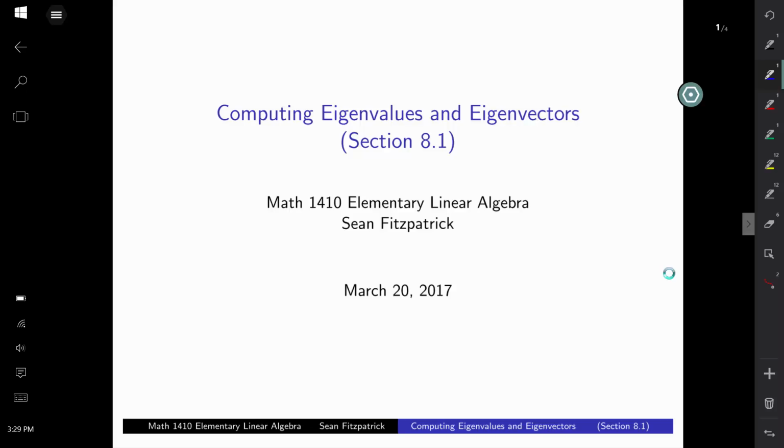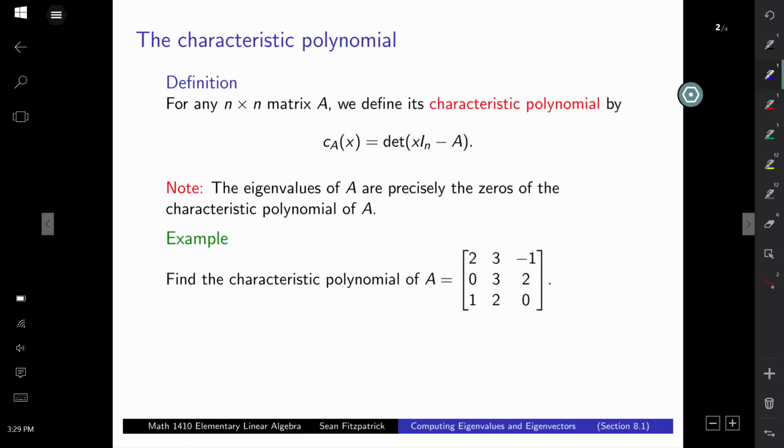Alright, so in this video we're going to discuss how to actually go about finding eigenvalues and eigenvectors. In the last video, where we ended was we said, okay, if lambda is an eigenvalue, it turns out that is, if and only if, this particular determinant vanishes: the determinant of A minus lambda times the identity.